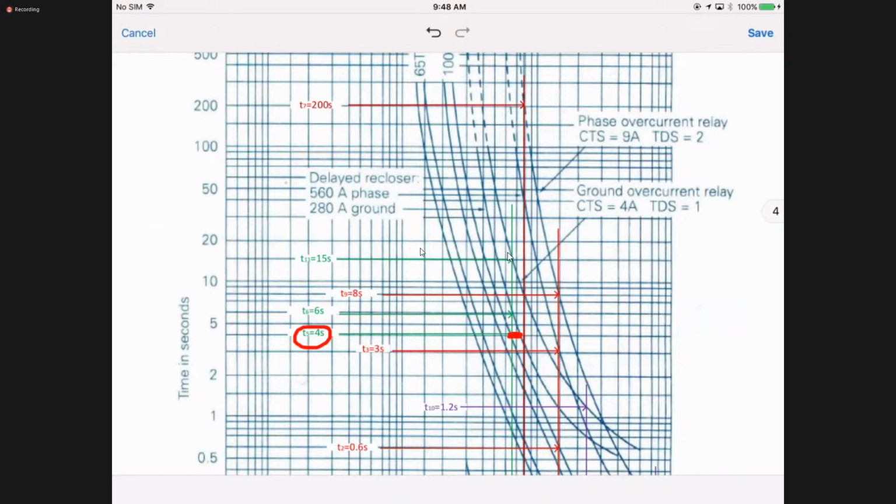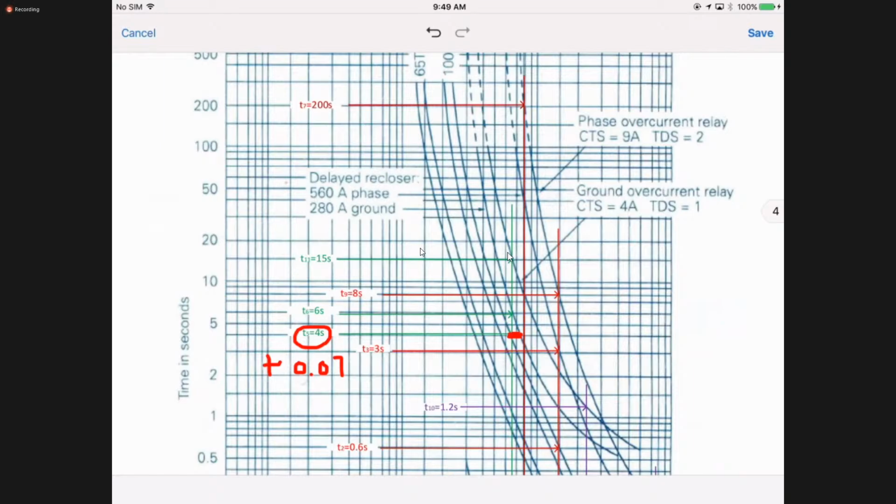How much time until the fuse is blown to clear the fault? It's not 4. It's 4 plus, first, the 0.07 second is the fast opening.